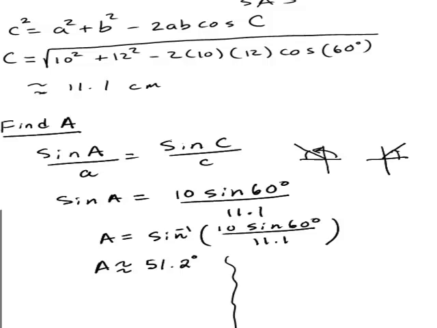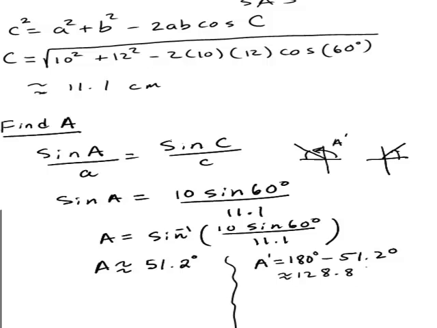Anyway, long story short, the angle in the other quadrant, this A prime, is going to be 180 minus 51.2. So 180 minus 51.2, we get approximately 128.8 degrees. The problem with this answer is that a triangle can have at most one obtuse angle.